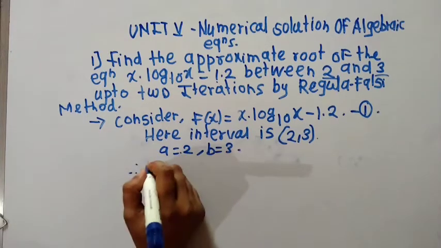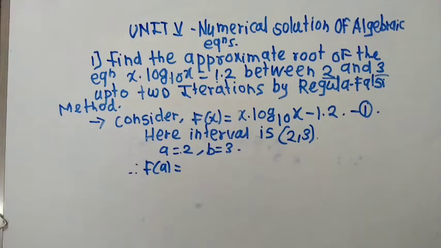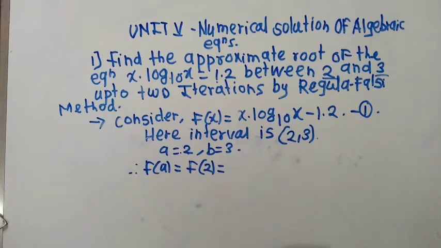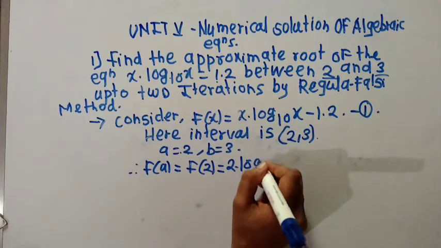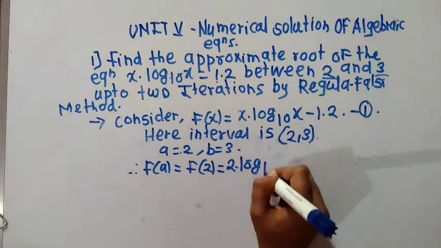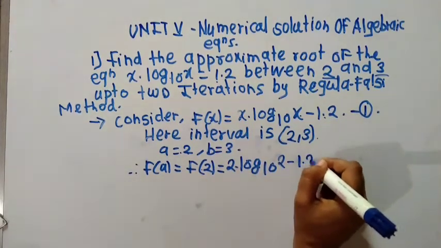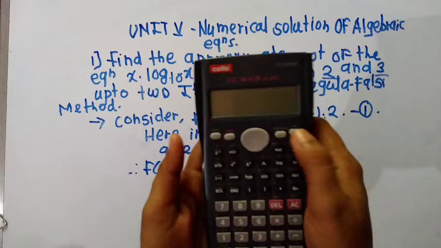So find out f of a, which is equal to f of 2. Put this value 2 into x log10 x minus 1.2, putting 2 in place of x. How to find its value? Find this value by calculator.